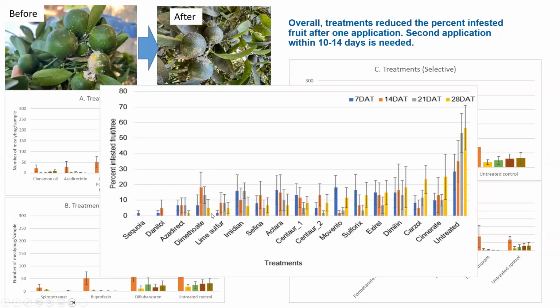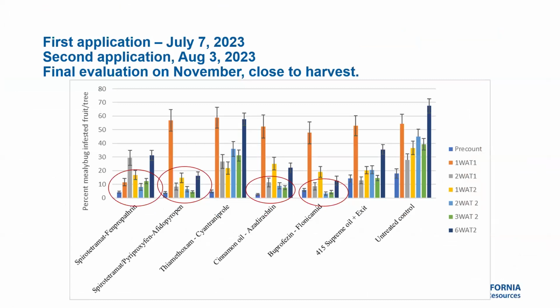For most of the products, it kept mealybug population pressure under 10% infested fruit for up to 2 to 3 weeks. Safina for up to 4 weeks, Movento for up to 3 weeks, lime sulfur for up to 4 weeks, Azadirect for up to 4 weeks, and Danitol and Sequoia the same case.